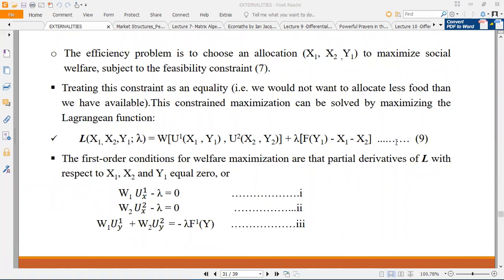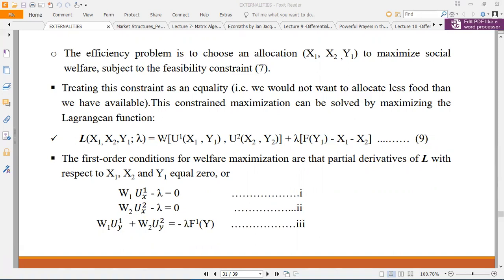We need to find the first order conditions and set them to 0. So we differentiate with respect to X1, X2, and Y1, then we equate them to 0. Let's start with X1, differentiating L with respect to X1. Here, you see that this is a function of a function.